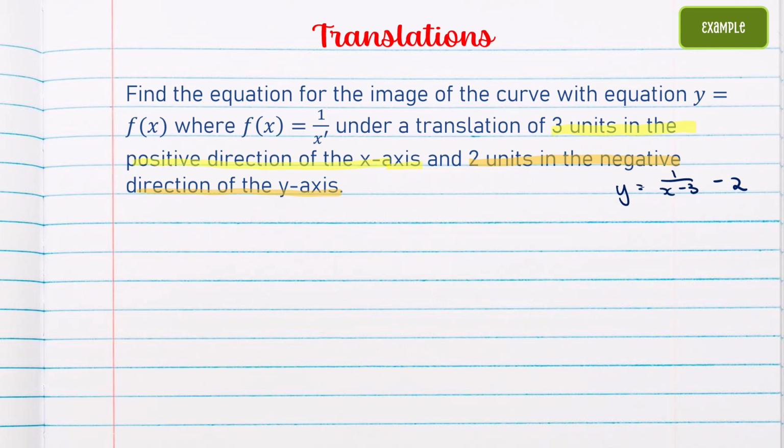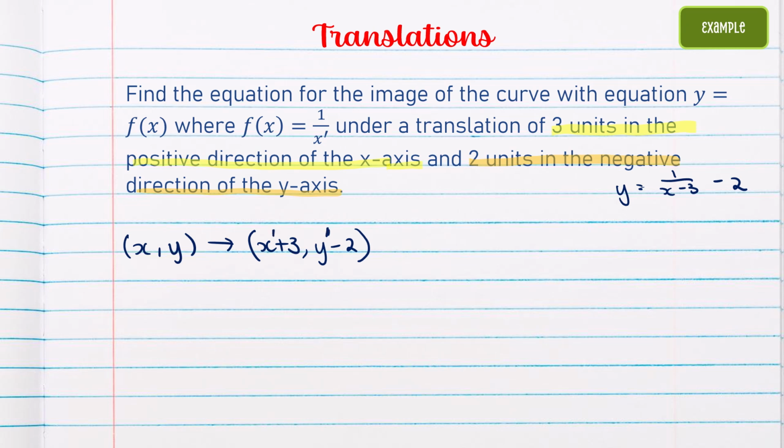When we write out our mapping, we start with our x, y, and then we apply our transformations exactly how they are written. So we're saying 3 units in the positive direction of the x-axis. Well, that's going to be x prime plus 3, right? And then we've got 2 units in the negative direction of the y-axis, which becomes y prime minus 2.